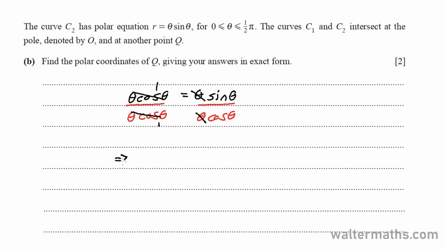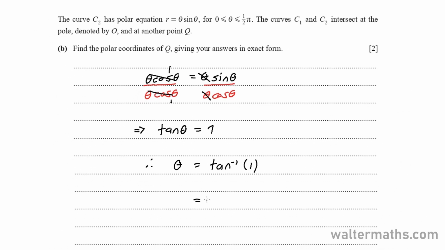So this is going to give us tan theta is equal to 1, and therefore to get the value of theta, that will be arctan of 1, which comes out as pi over 4.